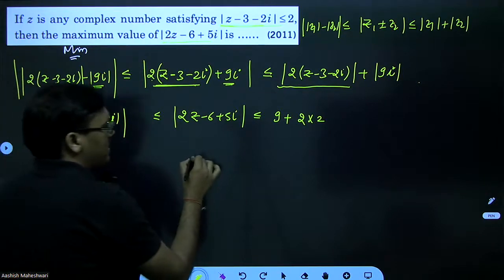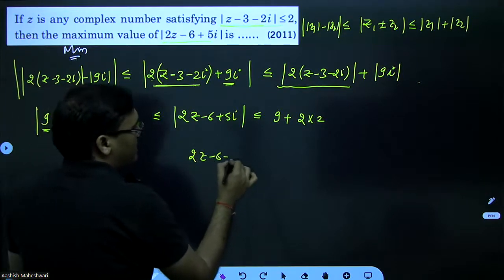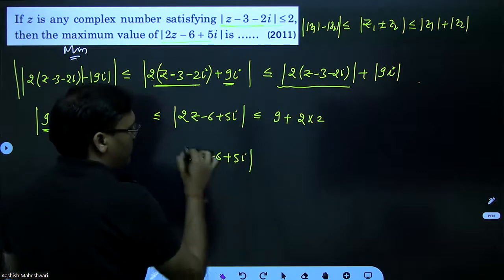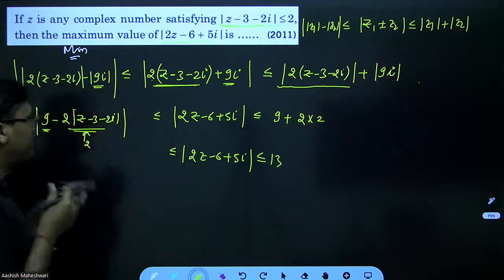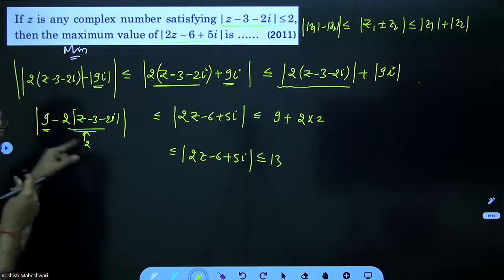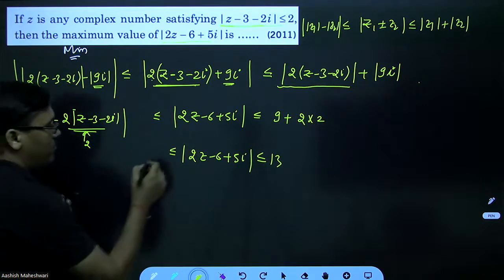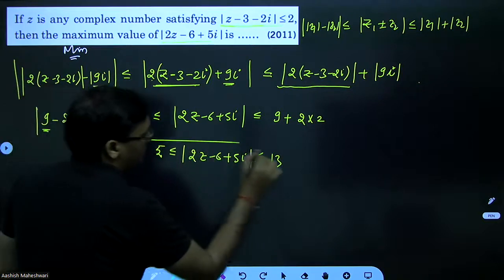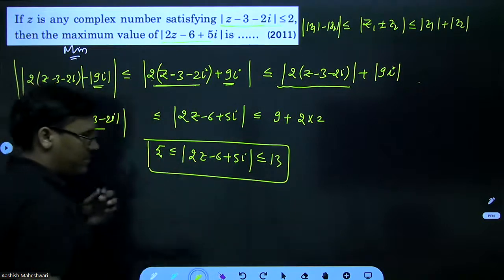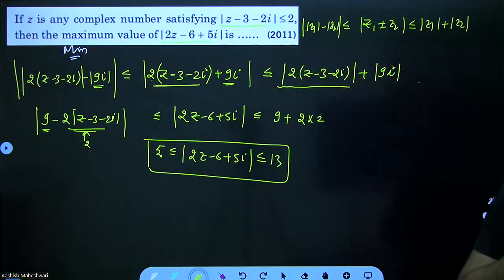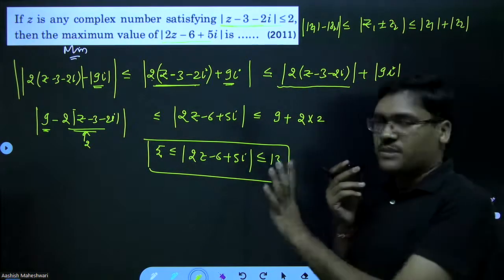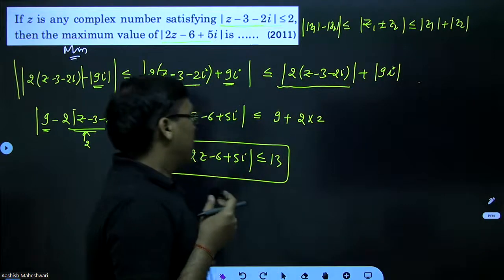So 2z minus 6 plus 5 iota modulus is less than or equal to 13, greater than or equal to 9 minus 4, which is 5. I hope this is clear how you got the maximum and minimum value of this expression by using the triangle inequality.